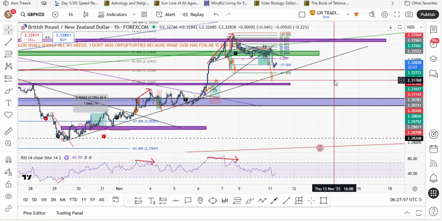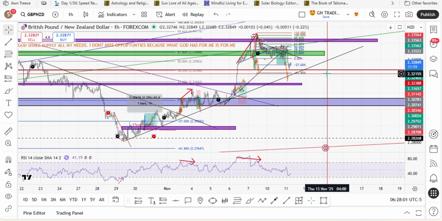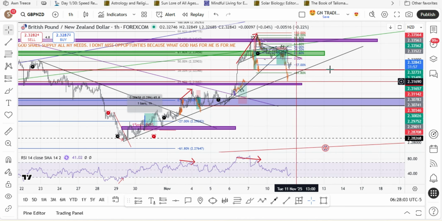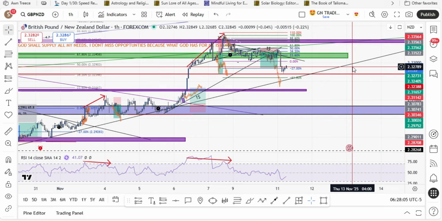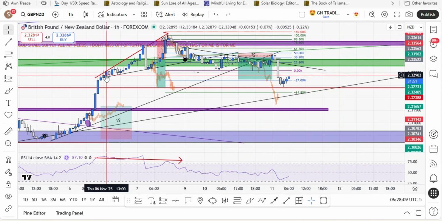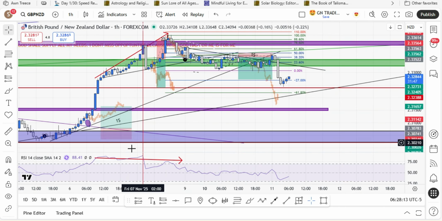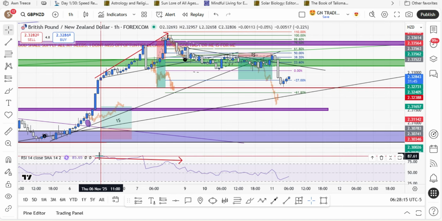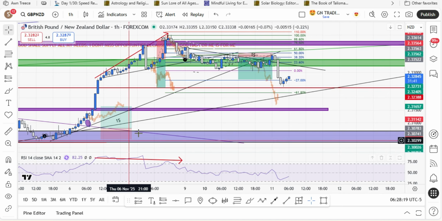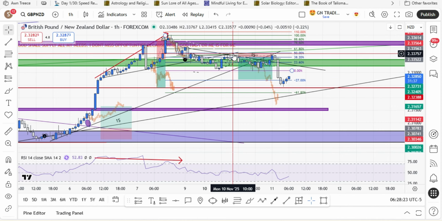Right now, nothing on this structure has been retested because that was so aggressive. On this though, there were divergences here. Maybe that was on a smaller time frame. But yeah, then there was that break and retest for the sell.